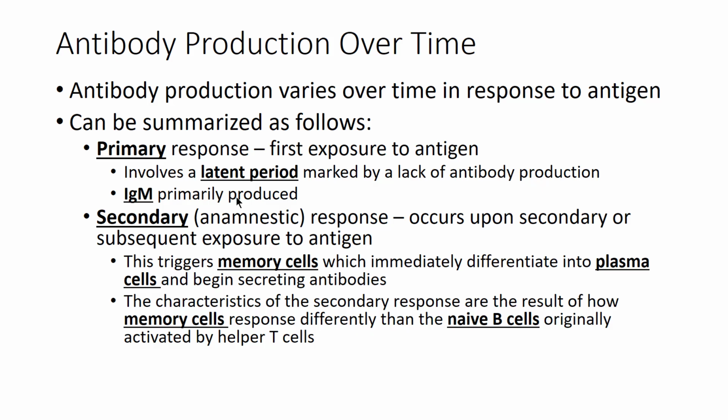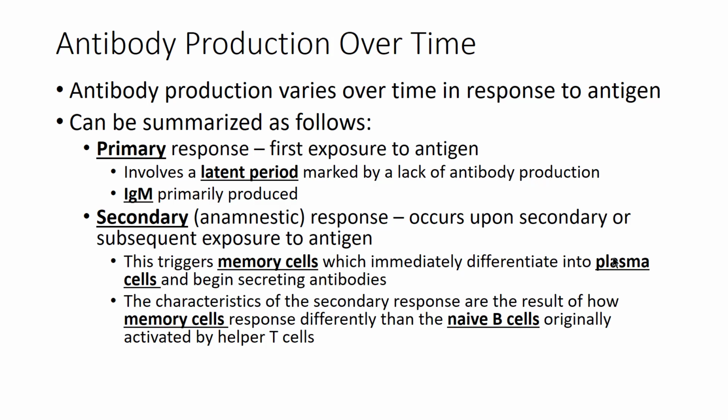At the end of the primary response, you get memory cells. If a memory cell encounters a pathogen later on, it can immediately differentiate into a plasma cell. Thus, there's no latent period. So a secondary response has no latent period, and therefore antibody production occurs immediately.